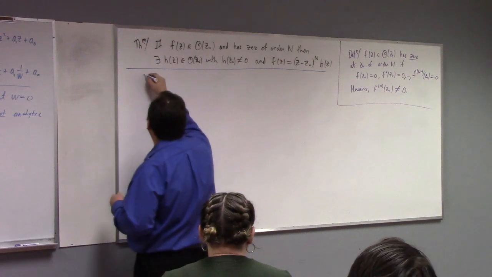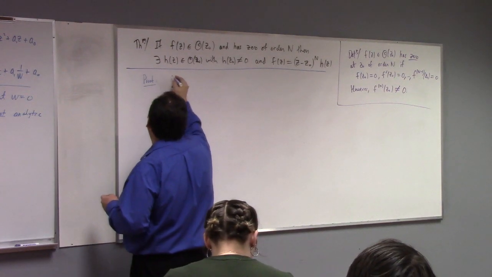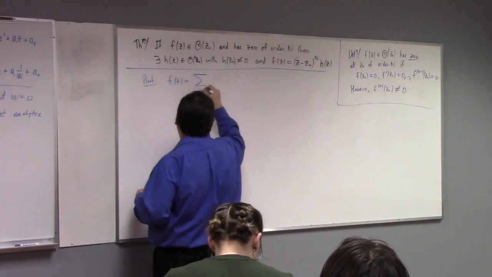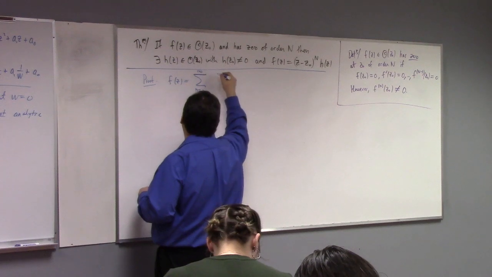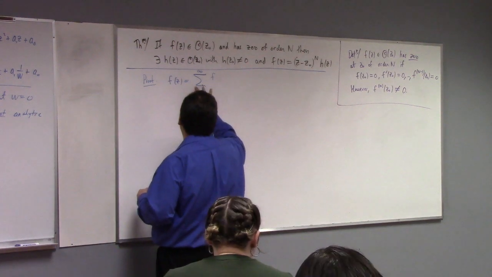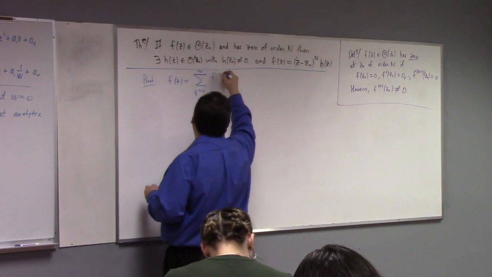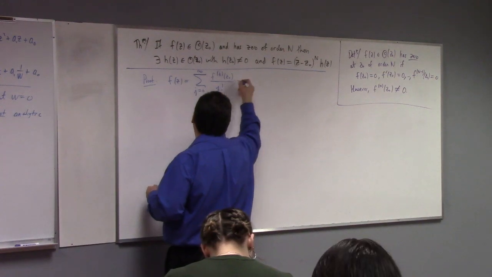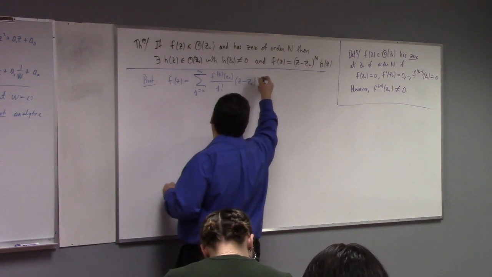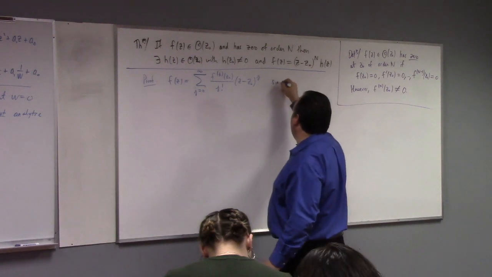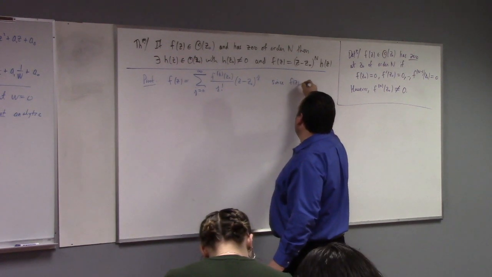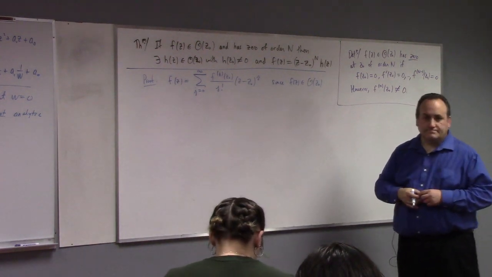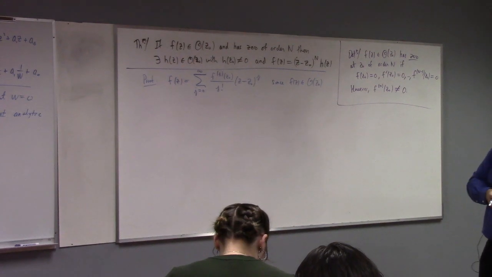The proof is very simple. f of z is equal to the sum, j equals 0 to infinity, of the jth derivative evaluated at z naught divided by j factorial times z minus z naught to the power j, since f of z is holomorphic, it's analytic, as we proved before. But what are we given? We're given that it's a 0 of order n.